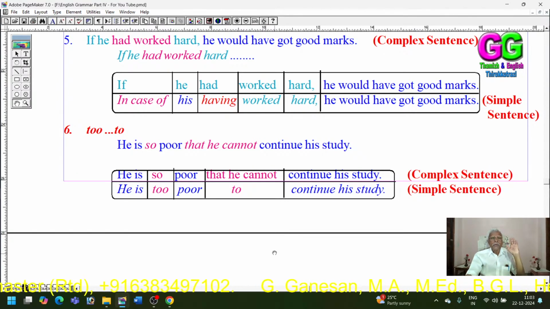And the remaining parts should be kept as they are. So, he is so poor that he cannot continue his study. He is too poor to continue his study. Complex sentence, simple sentence.